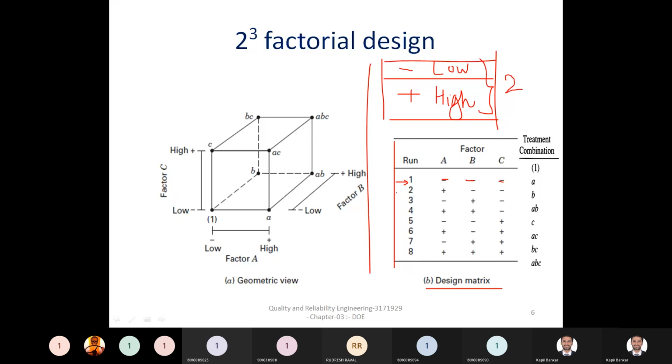Suppose for experiment number 5, we have set the level as minus for factor A, minus for factor B, and plus for factor C. Means for factor A, the level is low. Factor B, level is low. And for factor C, level is high. Got it? So now this is the way to set your design matrix for the number of experiments.